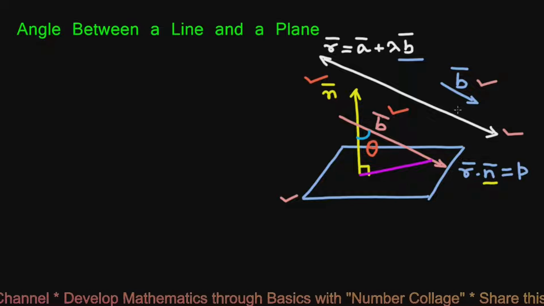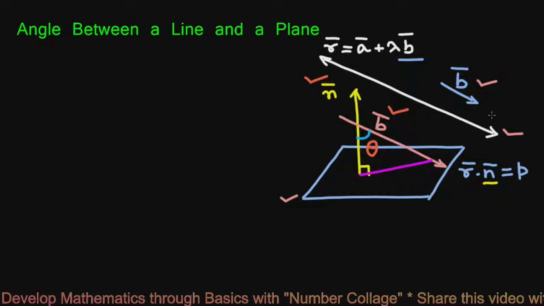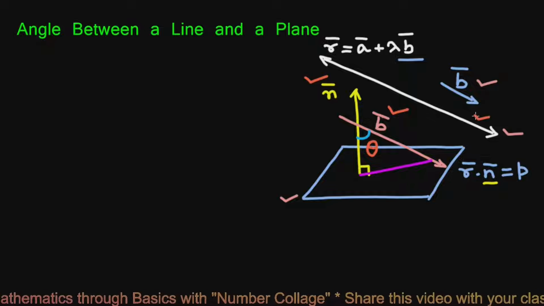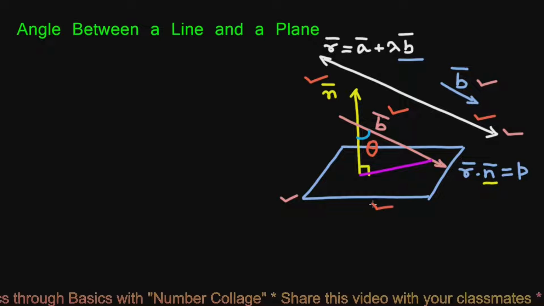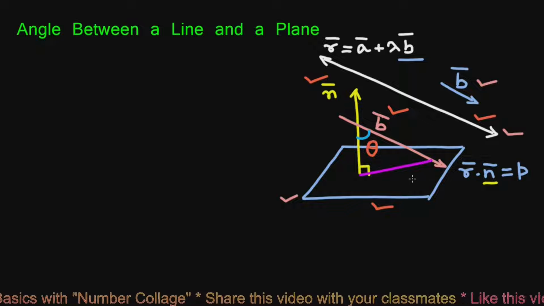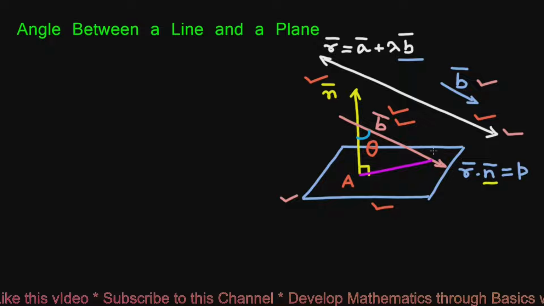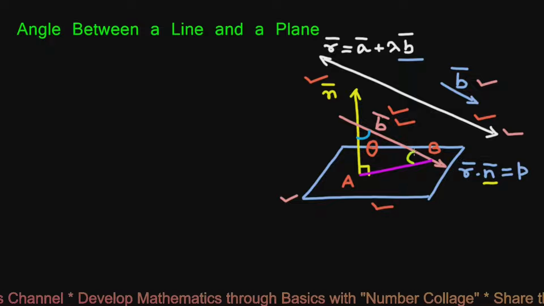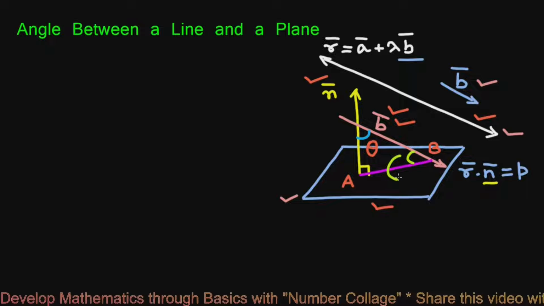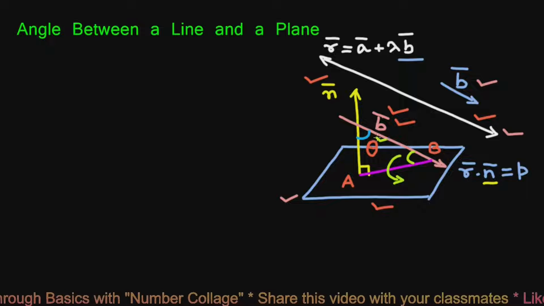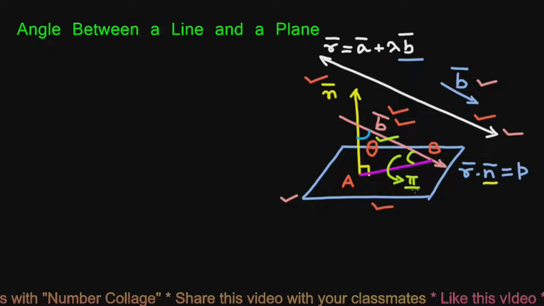But this is not what we have to find out. We have to find the angle between this line and this plane, which means we have to find the angle between b bar and this line AB, which will be this angle, and this is going to be the complementary angle of theta, that is pi by 2 minus theta.